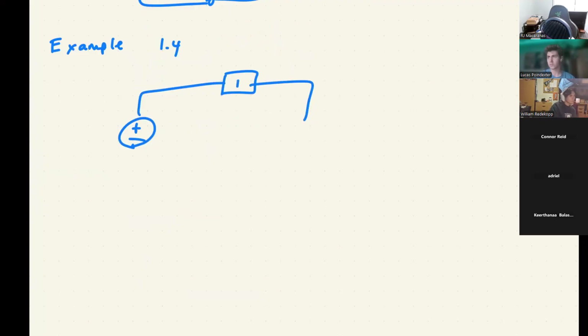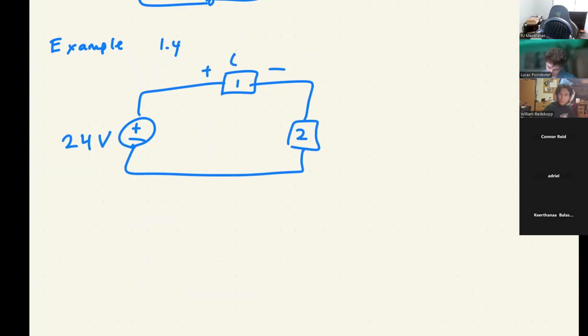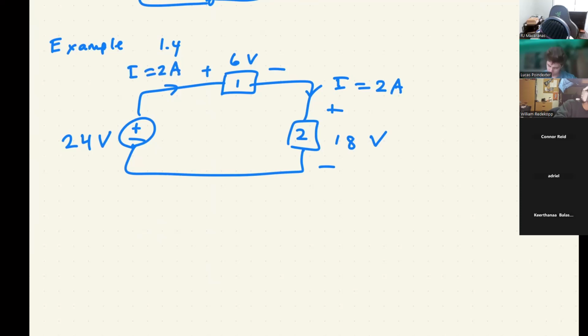They've numbered the elements this time, and we've got 24 volts. We've got 6 volts across that element, 18 volts across the second element, 2 amps here, 2 amps there, and 2 amps here. 2 amps all over the place.